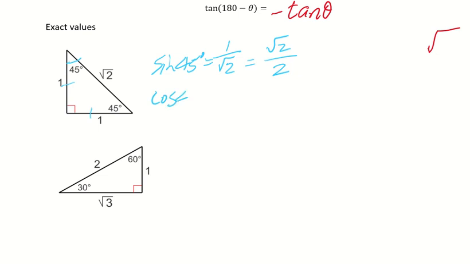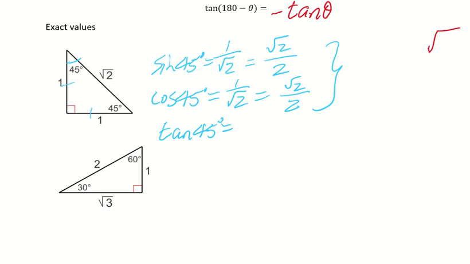Cos 45 is also 1 over root 2. After rationalizing, we get root 2 on 2. So sine 45 equals cos 45. Now tan 45 is easy. Tan 45 is opposite over adjacent, which is basically just 1, which makes sense because this is an isosceles triangle, same ratio.